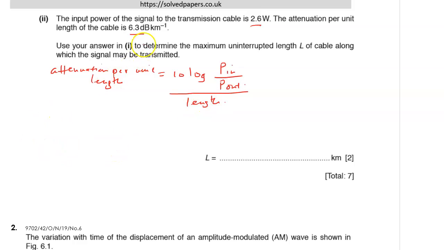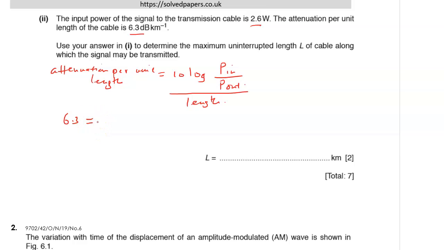Okay, so then we are given the attenuation per unit length, which is 6.3 decibels per kilometer.